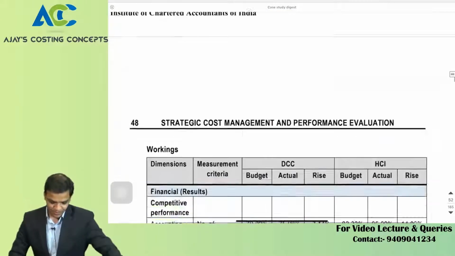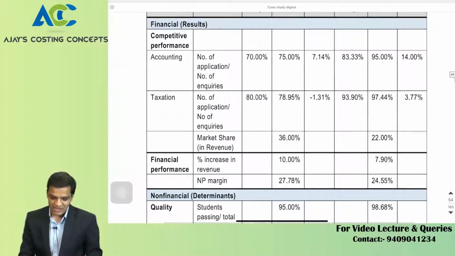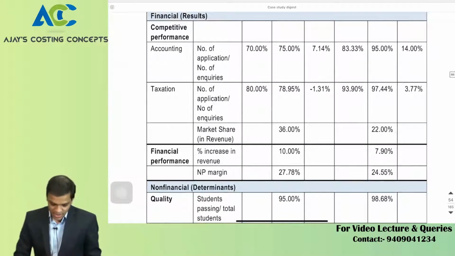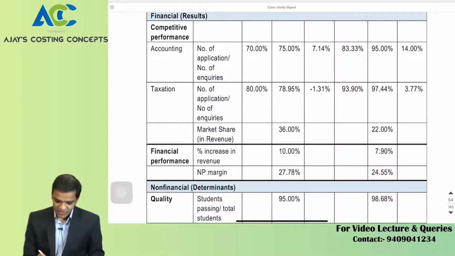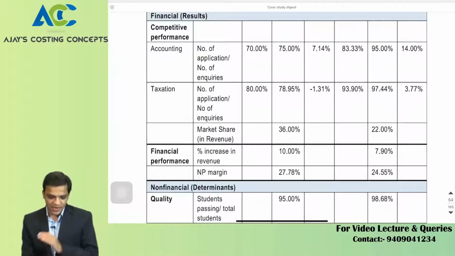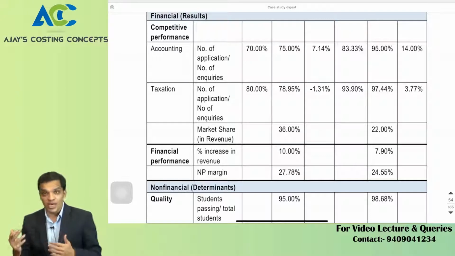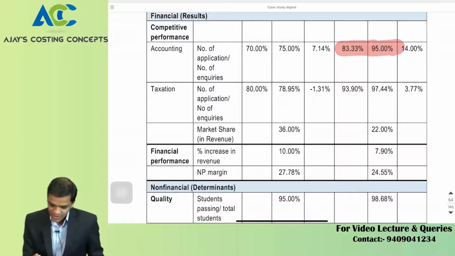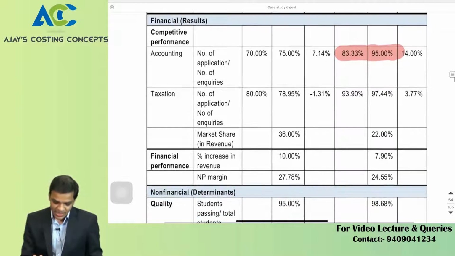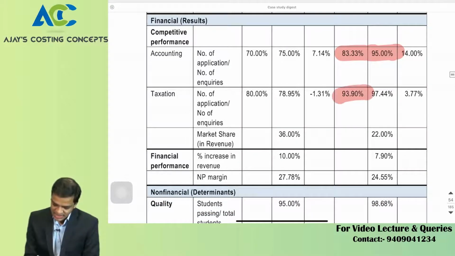Now see, this is the whole percentage that has been converted, right? The number of students we have: the number of applications divided by the number of inquiries, how many applications were received and what number of inquiries were converted. This is higher over here. HCI is higher, right? When it comes to taxation, again HCI is higher.